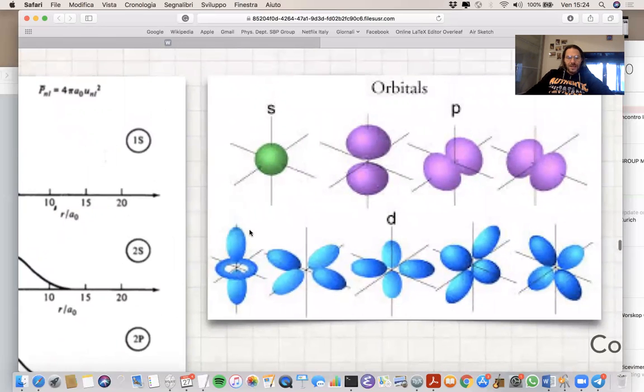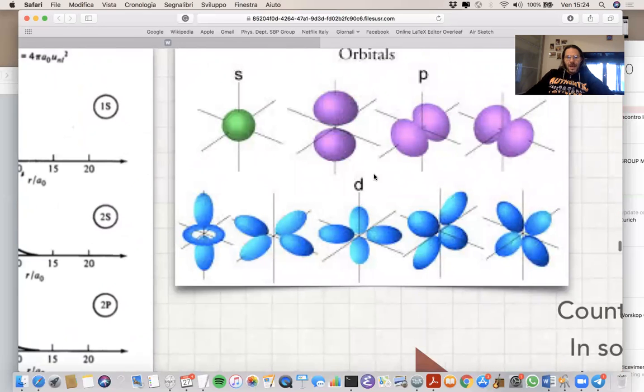Then you have a P state, and P states now do have dependence on theta and phi. But if you go and look at the probability, you discover that it will not depend on phi, so you get a state symmetric around the z-axis.